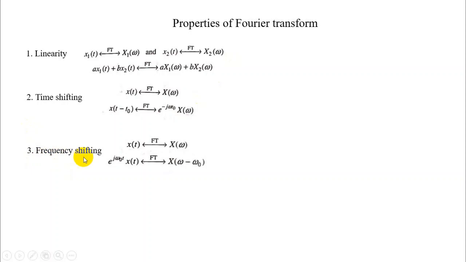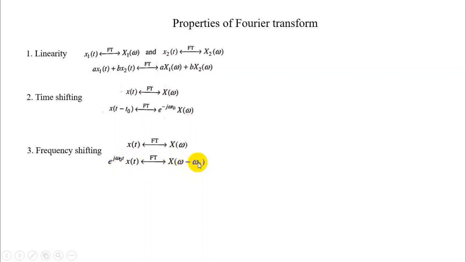The third one is frequency shifting. This property suggests that if you have the Fourier transform of x(t) as X(omega), and you have to determine the Fourier transform of x(t) multiplied by e to the power j omega naught t, then after knowing X(omega), you just shift it to omega minus omega naught.